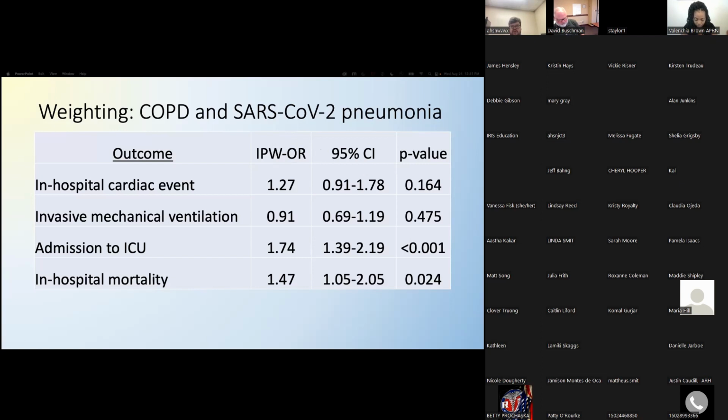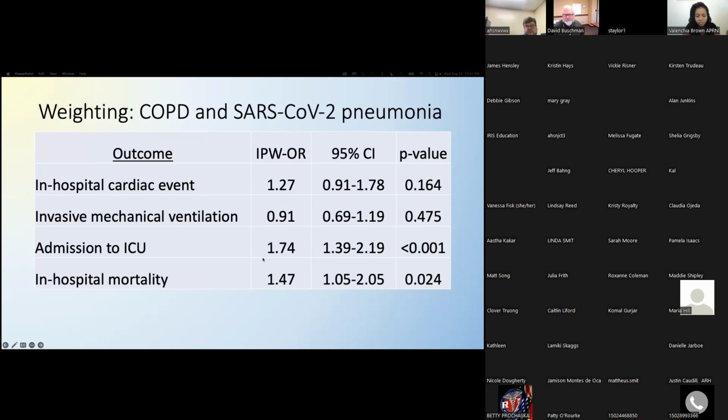And I don't remember what else we adjusted for. If you all are interested in finding out, I can send you more details on this. But if we look, patients with COPD had about 1.75 times the odds of ICU admission, and they also had about 1.5 times the odds of dying in hospital. So they were more at risk for some outcomes.